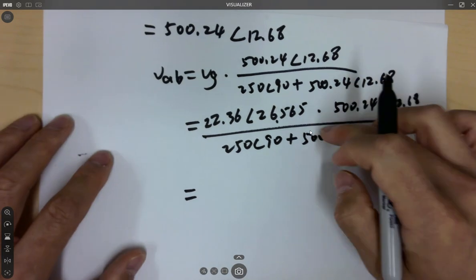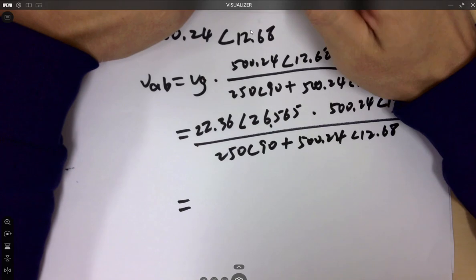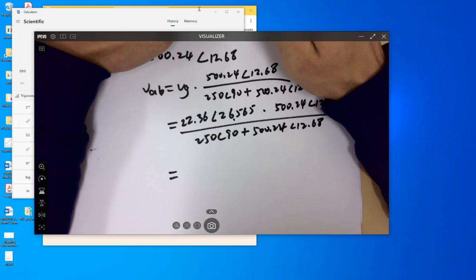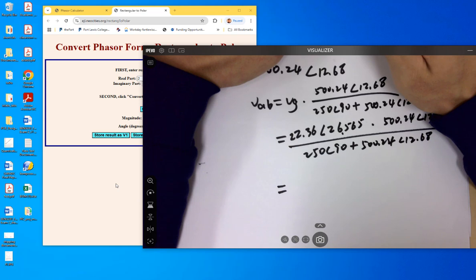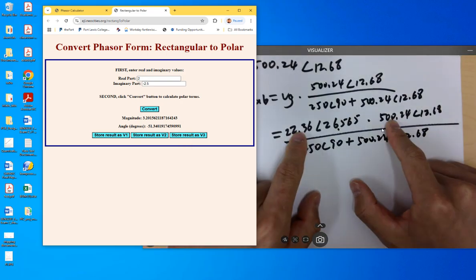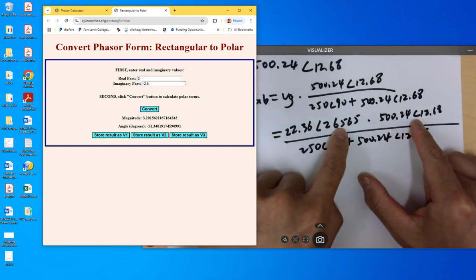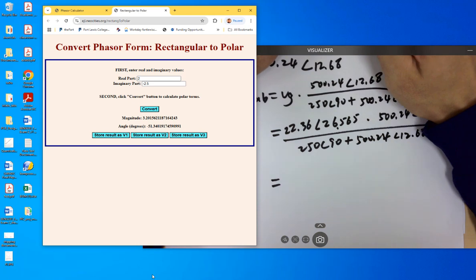So if you calculate this, eventually that will be the final answer for this problem. Okay, let's verify it really quick. I can still use a calculator. For the top, magnitude times magnitude, and the angles should be added together. So let's find out.